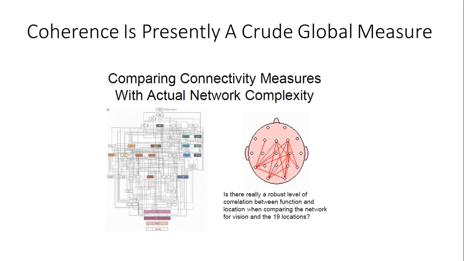And for every line here, there's probably thousands or hundreds of thousands of fibers. On the right is a more standard pattern you'll see in brain maps, where they're looking at coherence connecting every which way. And you can see that this is very crude in terms of what it's measuring compared to the complexity and the fineness of what's on the left.